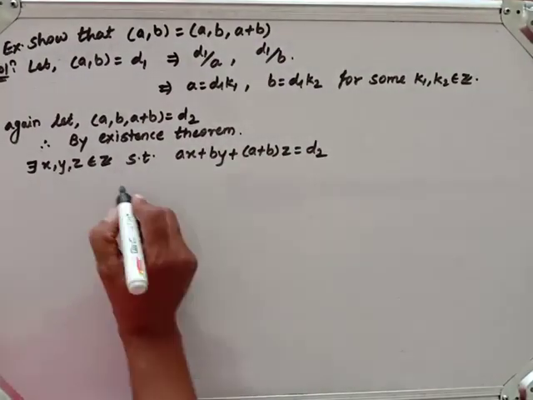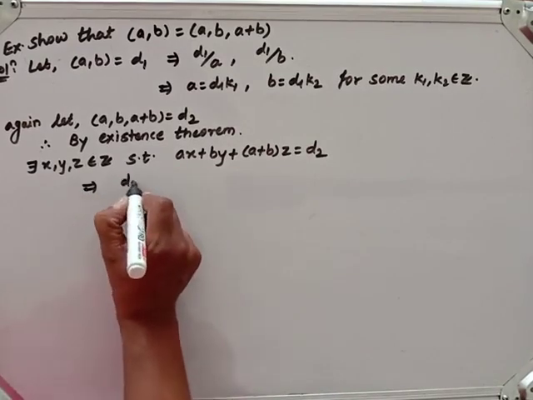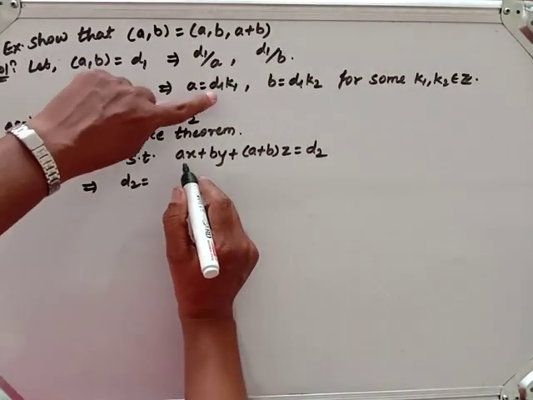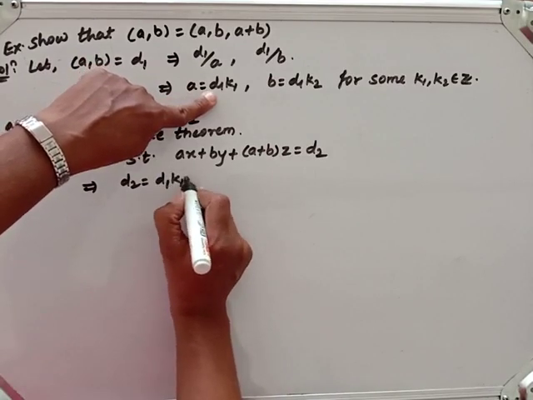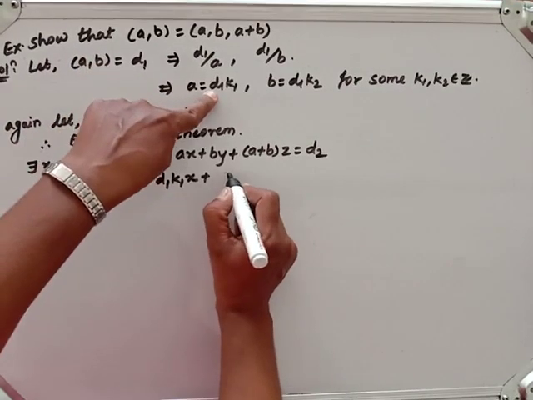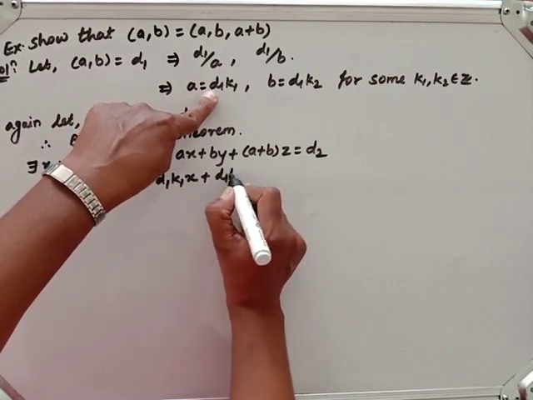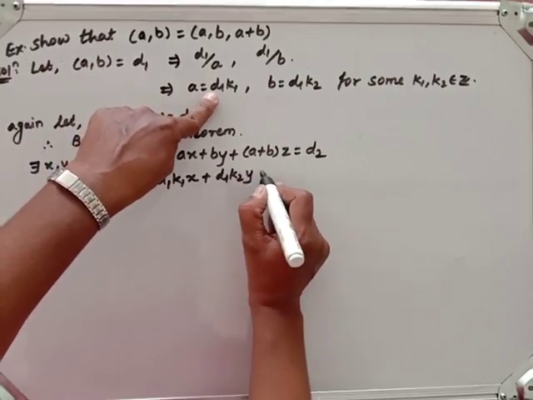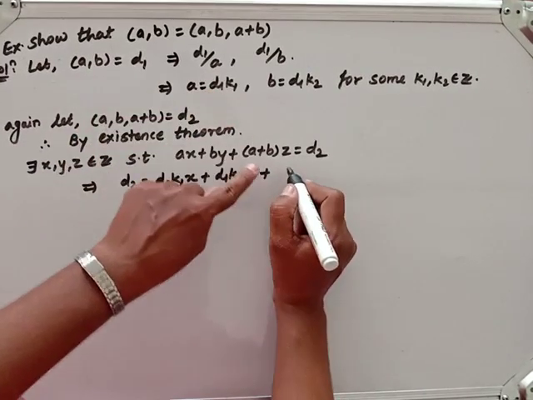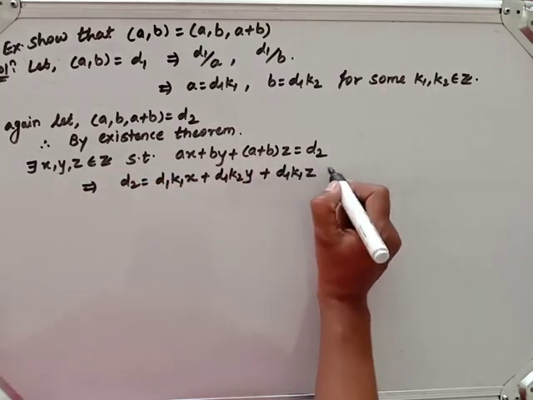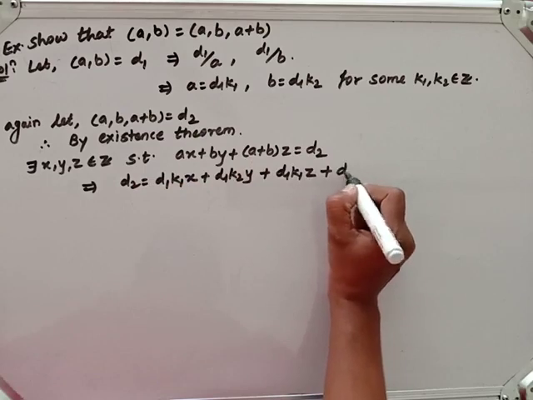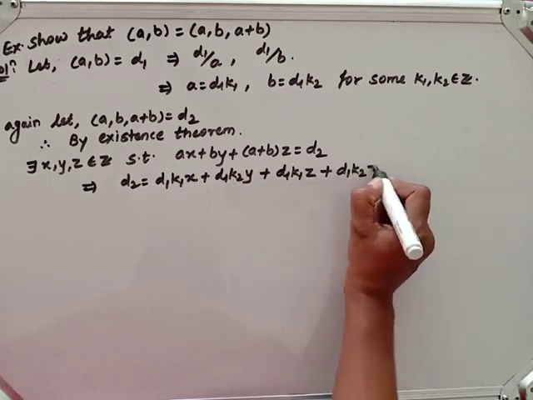Now, this says d2 is equal to, let me put in the value of a here, d1 into k1 into x plus d1 into k2 into y plus, again a is d1 k1, into z plus d1 k2 into z.